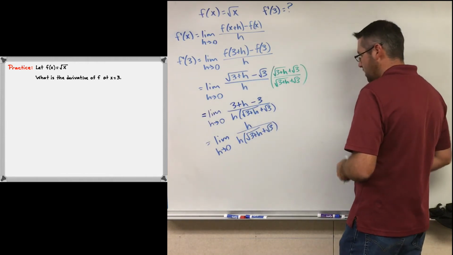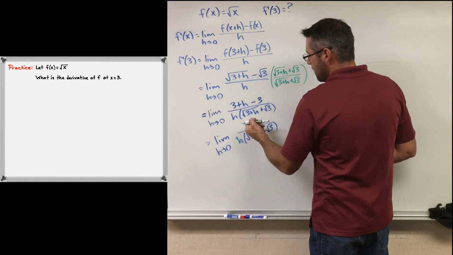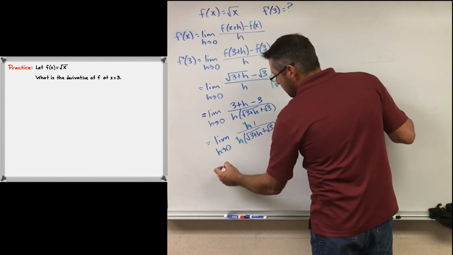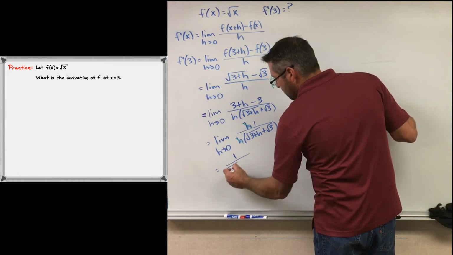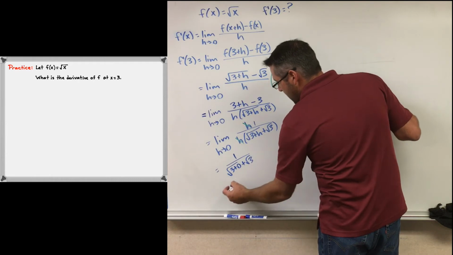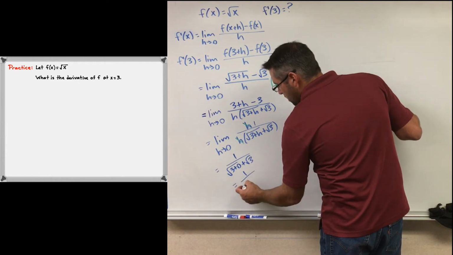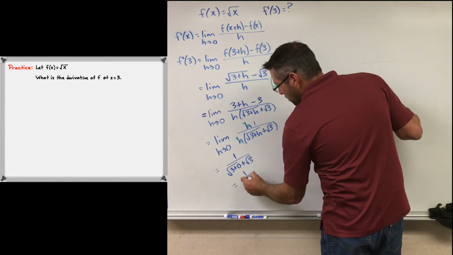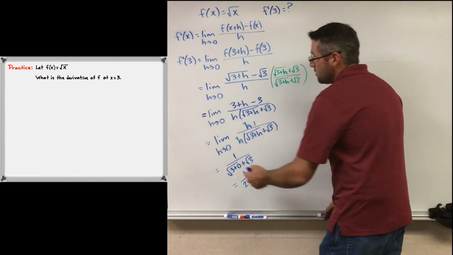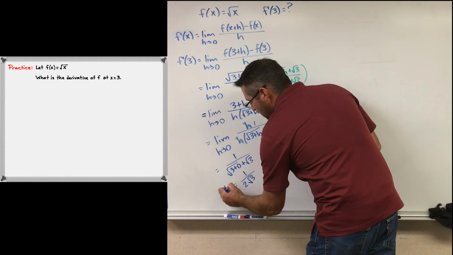And look at that, the h's reduce. You're left with the 1 on top. And now I can plug in 0 there. So we have 1 over radical 3 plus 0 plus rad 3, and that is, as a result, 1 over 2 radical 3. And so that is f prime of 3.